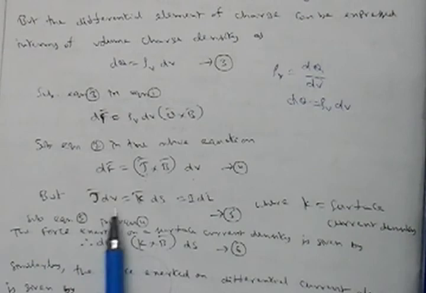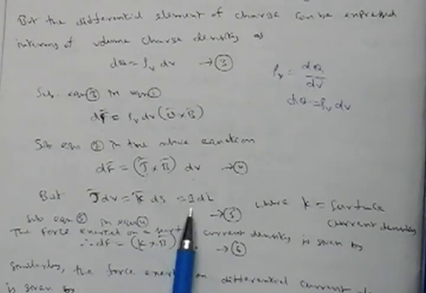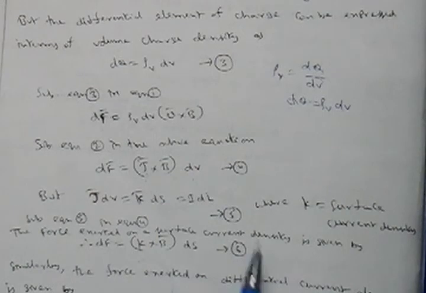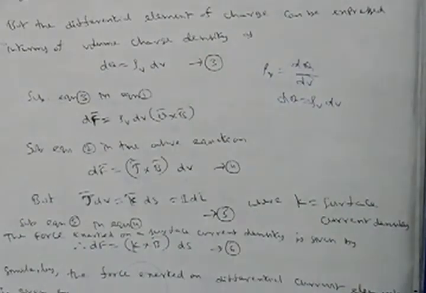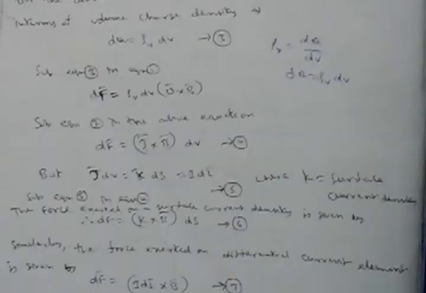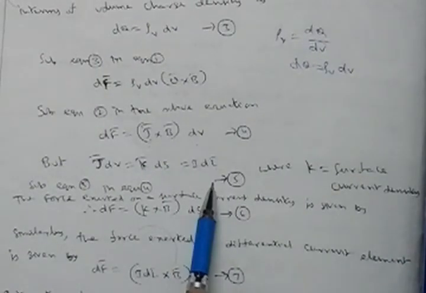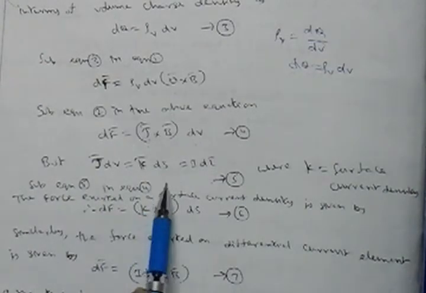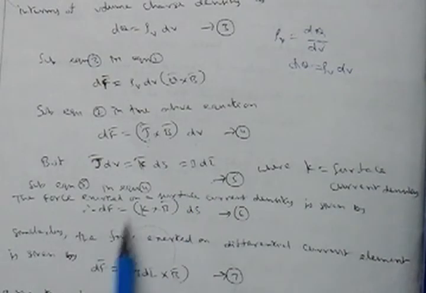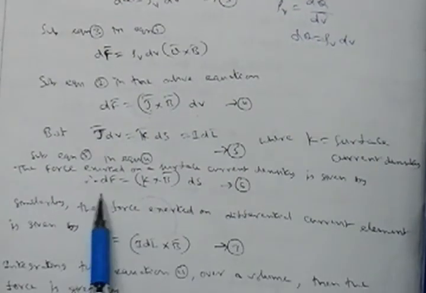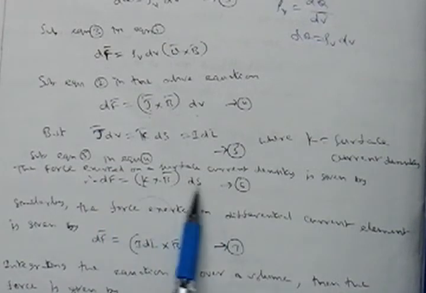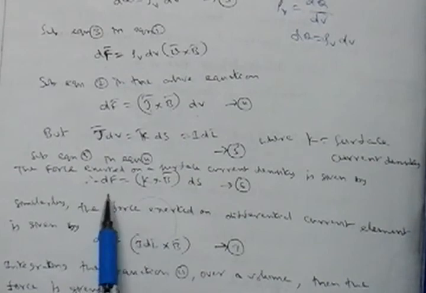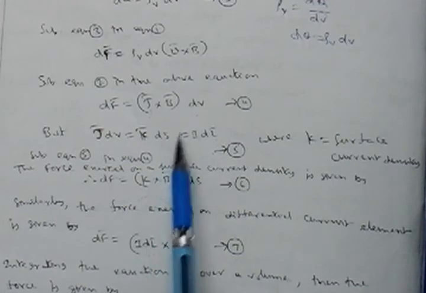But J dV is equal to K ds is equal to I dl. All the expressions must have the same units, only then can you equate these three with respect to differential volume, differential surface area, and differential length. Now we write the equations with respect to each. The force on a surface current density is dF is equal to K bar cross B bar ds.